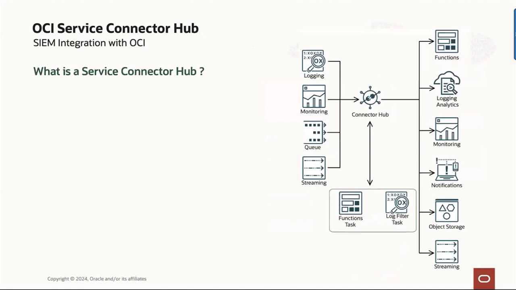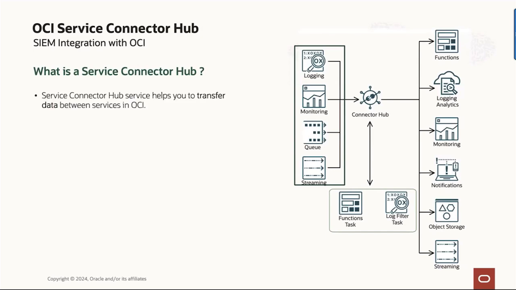As you can see in the diagram, Connector Hub is responsible for moving data from one place to another. On the left side, you have several services, which we call the sources. That's where you have logs or data that you want to move to another service. So on the left side you have the sources, and in the middle you have Connector Hub, which will move data from one place to another.